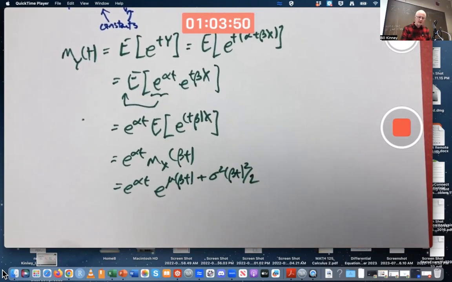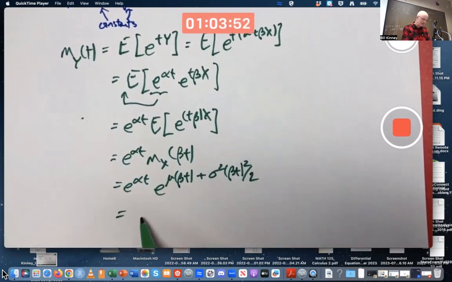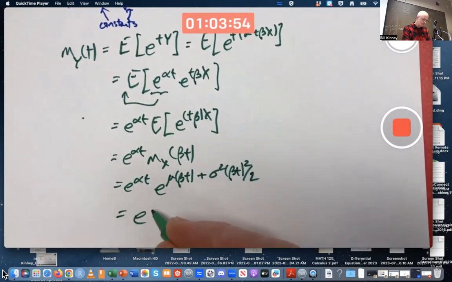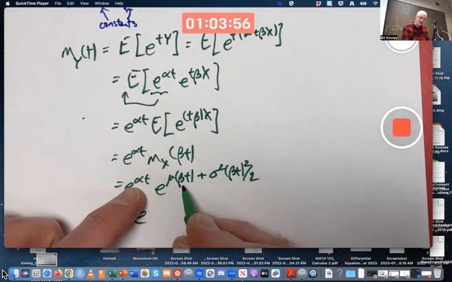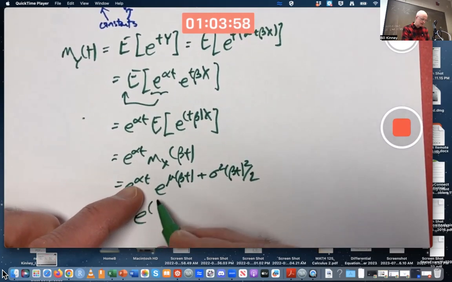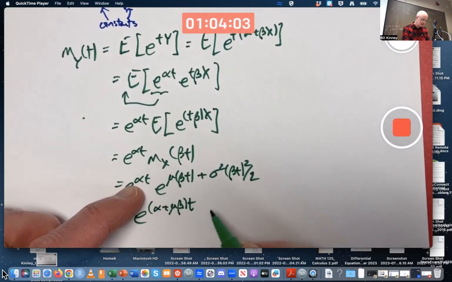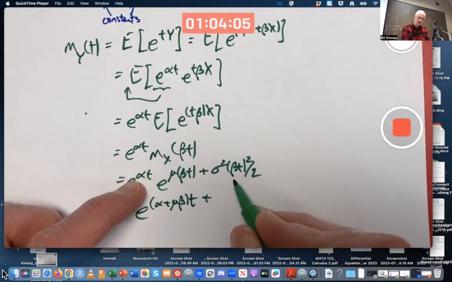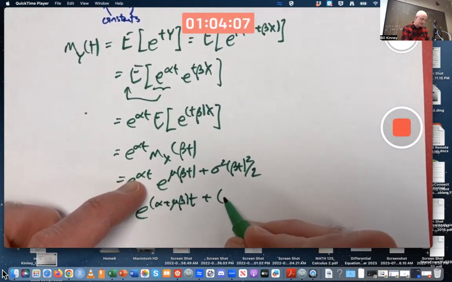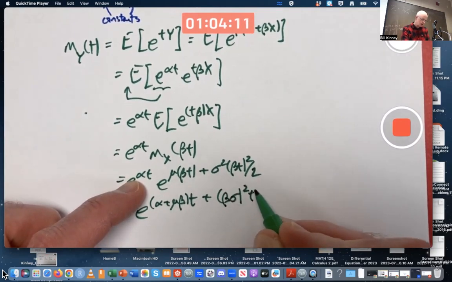Stop me if I make a mistake here. Now add the exponents. Combine those two and factor out a t. Get alpha plus mu beta t. And with this one, probably seems best to write it as beta squared sigma squared t squared over 2.